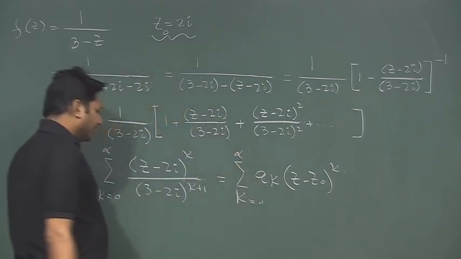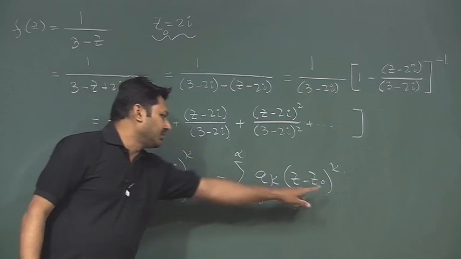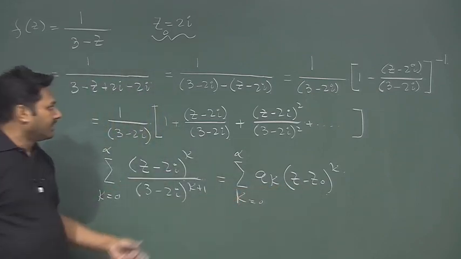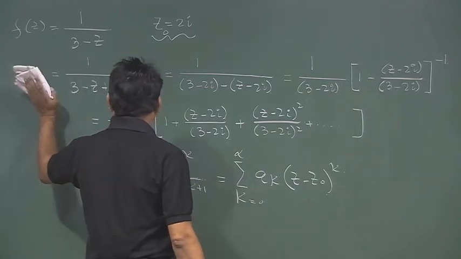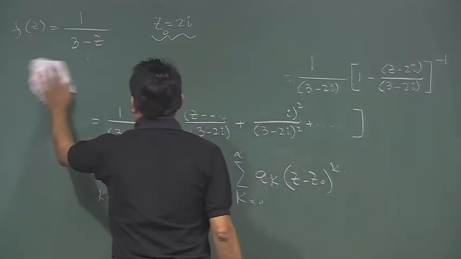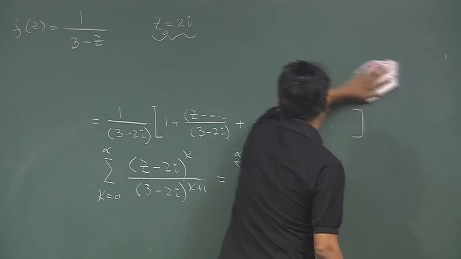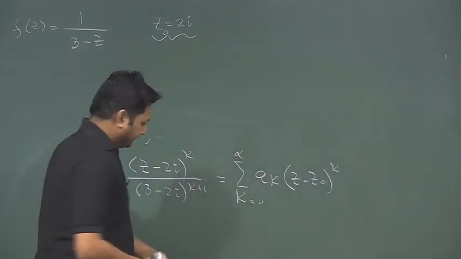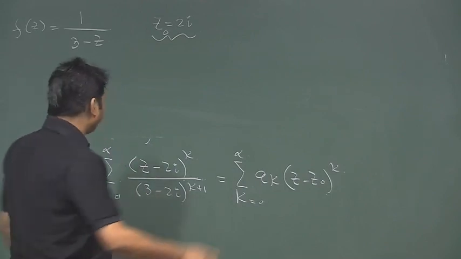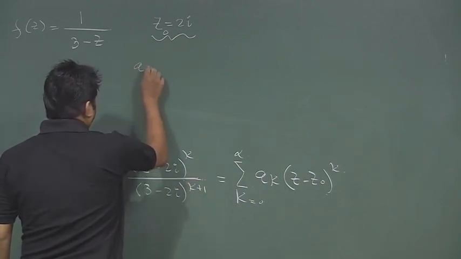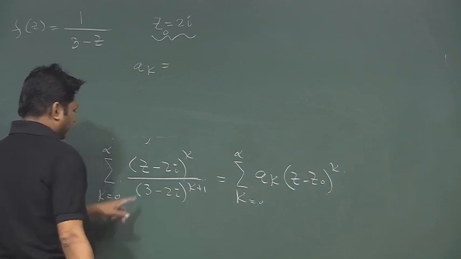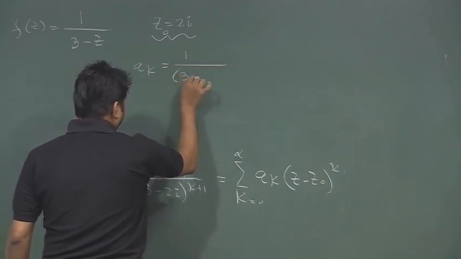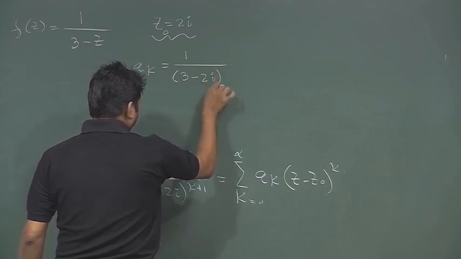Now, if I compare, then we can readily find z0 is nothing but 2i and a_k is this quantity. Again, I can have the value of L. So a_k, if I compare with that, comes out to be 1 divided by (3 minus 2i) to the power of k.